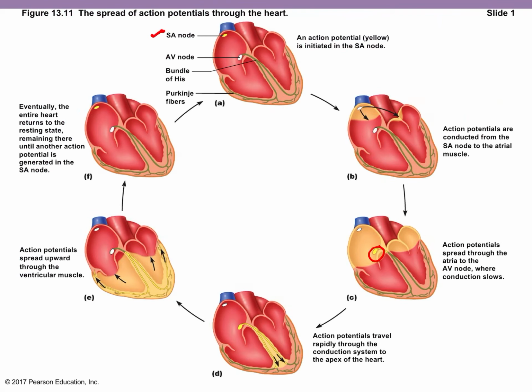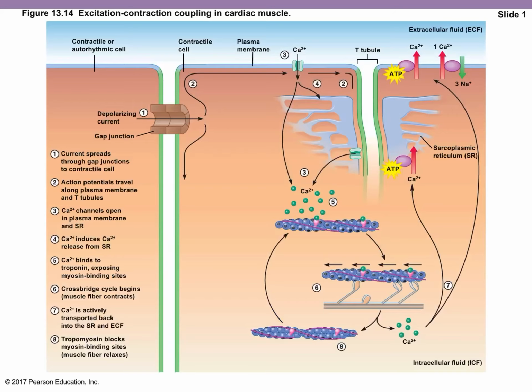So there's our AV node. Then it goes down the bundle of His, both left and right. Action potentials spread from the apex towards the base of the heart, and eventually the heart is in this relaxation stage. Eventually the entire heart returns to resting, remaining there until another action potential is generated by our SA node.